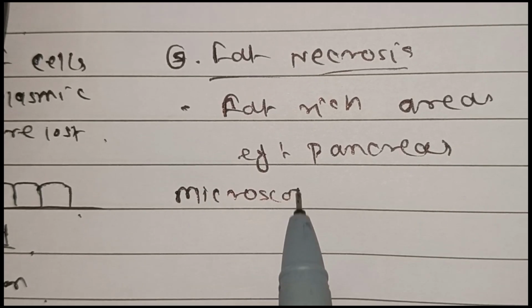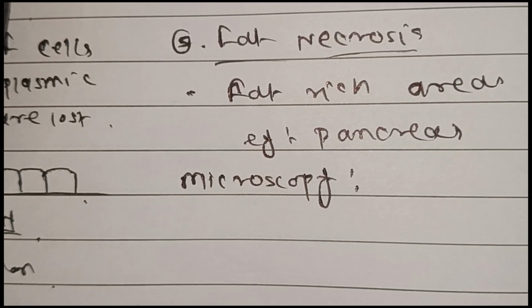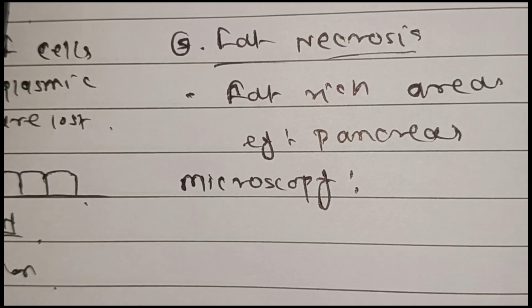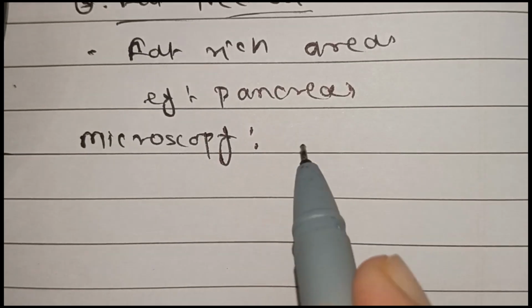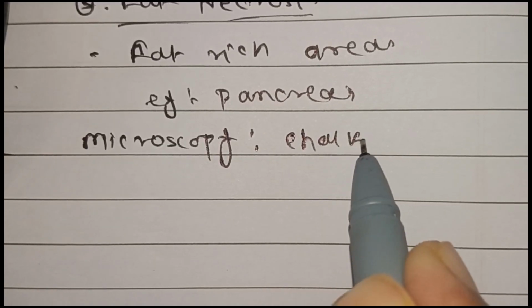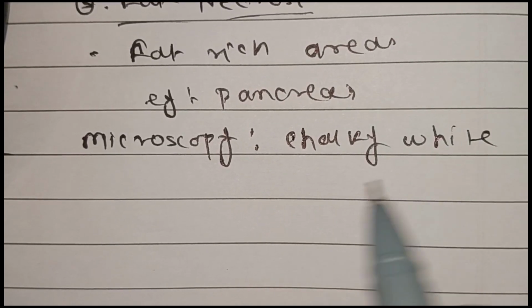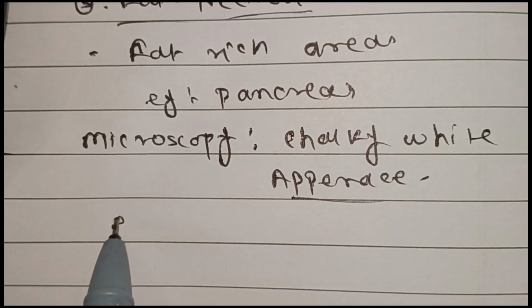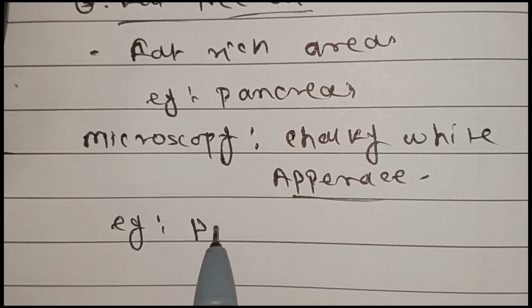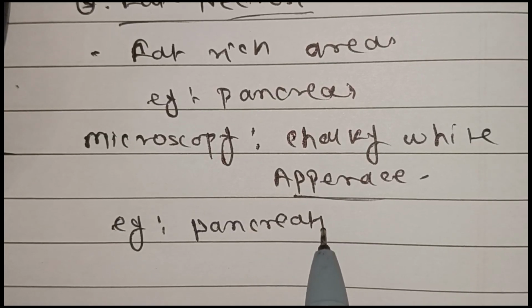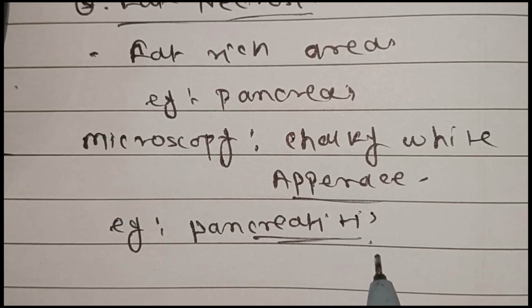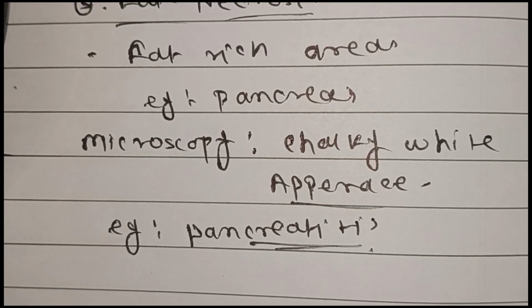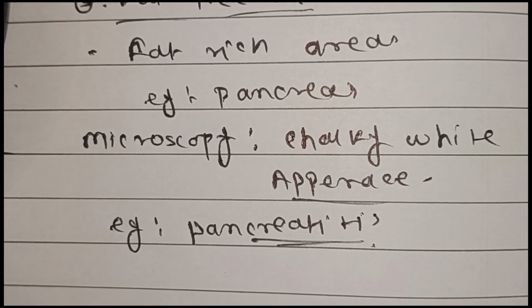In gross appearance there is a chalky white appearance. An example of fat necrosis is pancreatitis. So this was all about necrosis.